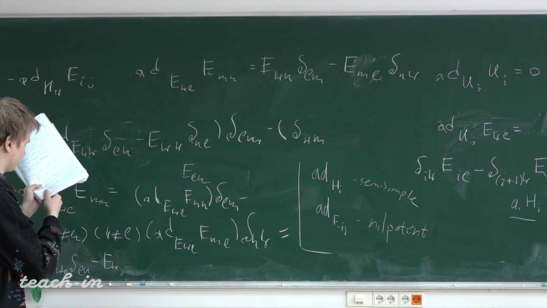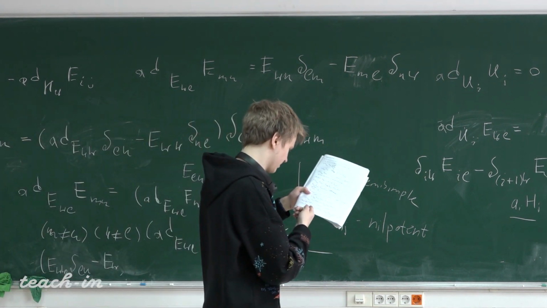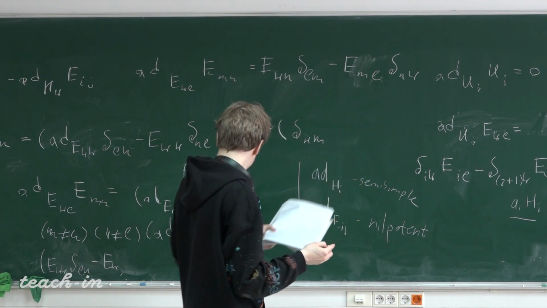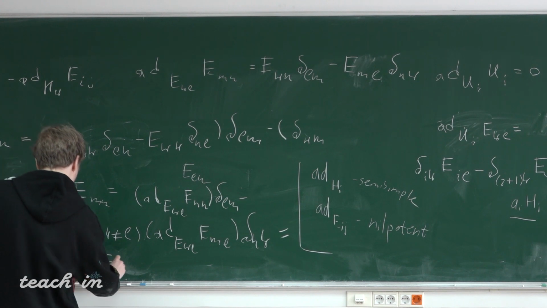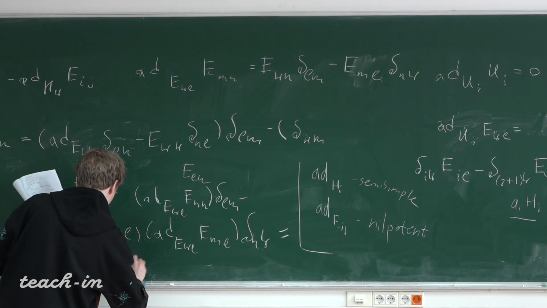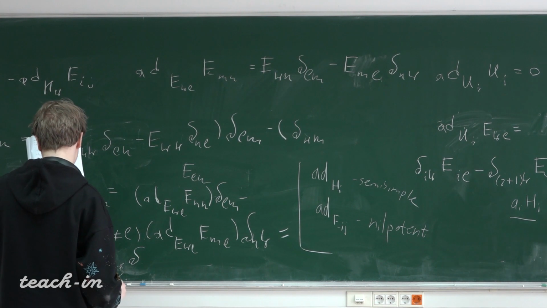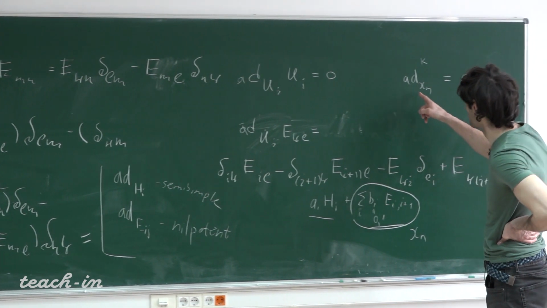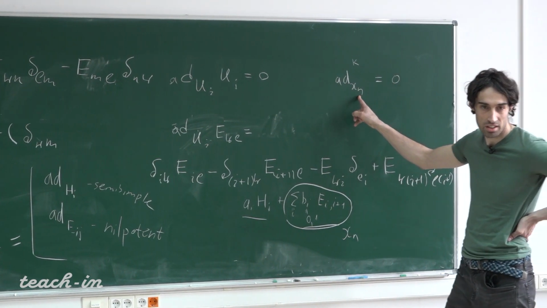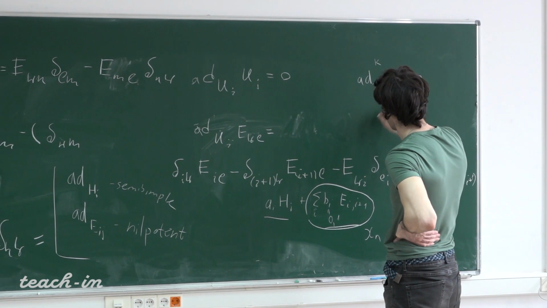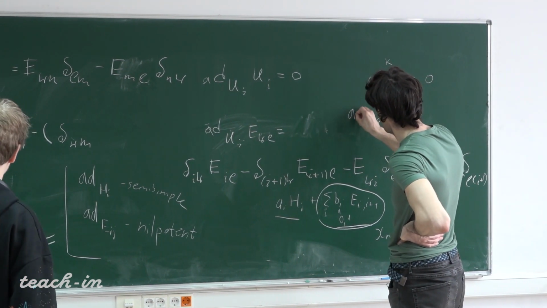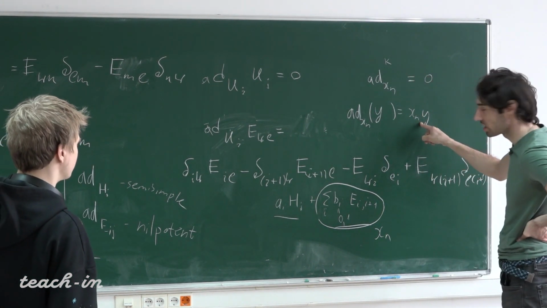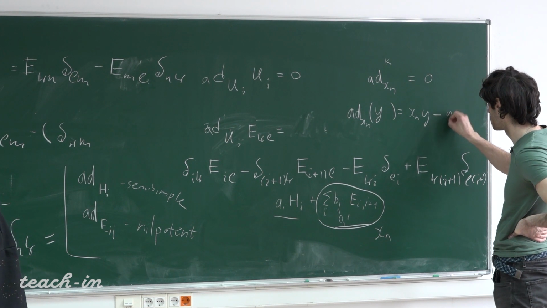I think you have some mistake, because in general it's not 2. It's not that simple. But you don't need all these explicit things. You just say, okay, what is ad xn, right? You take an element y. If you apply ad xn to y, what does it mean? You apply multiplication from the left minus multiplication from the right.